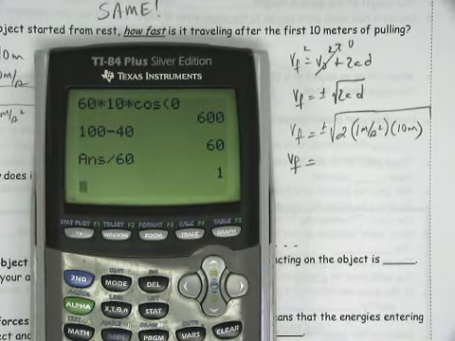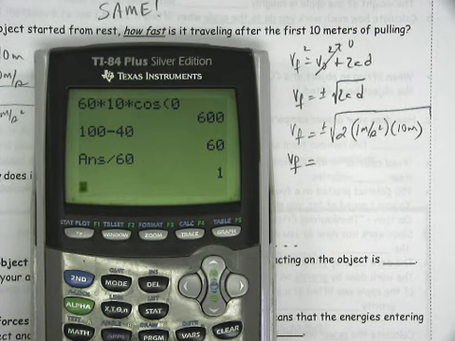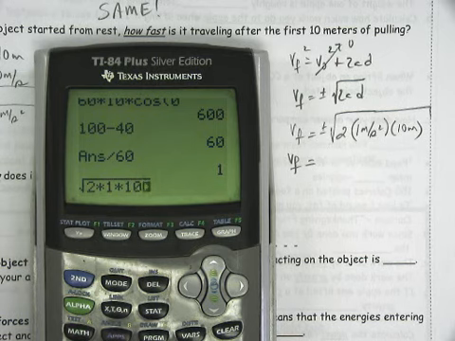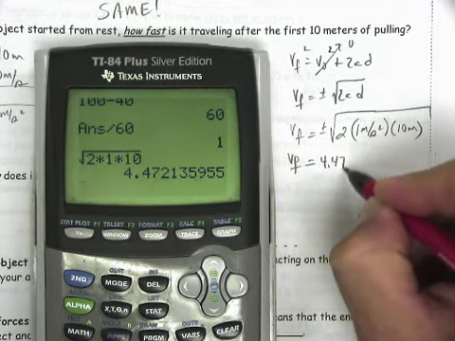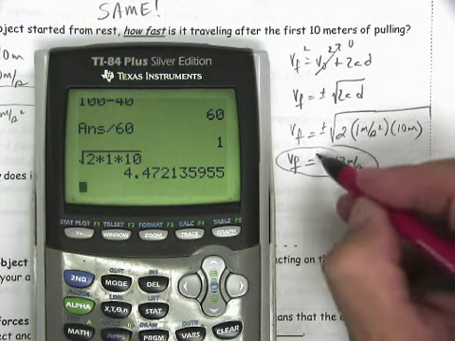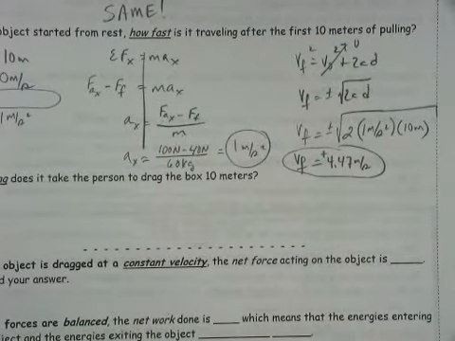We'll plug that into the calculator. All right, so what do we got here? We've got square root of 1 times 2 times 1 times 10. And that gives us 4.47 meters per second. And there's the speed, positive because we had it moving to the right in our diagram.